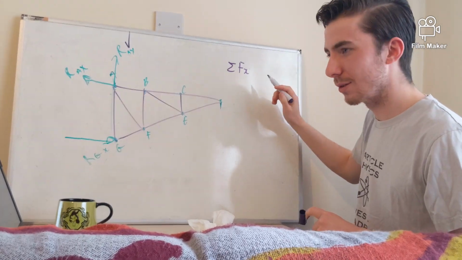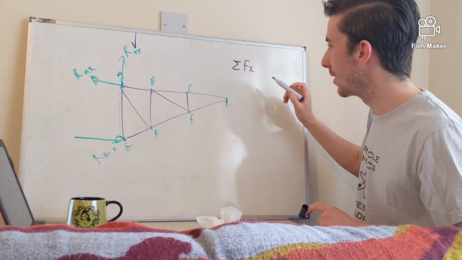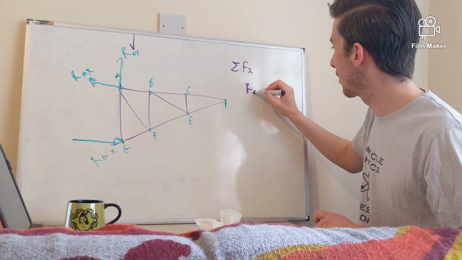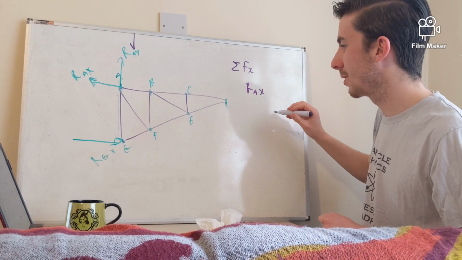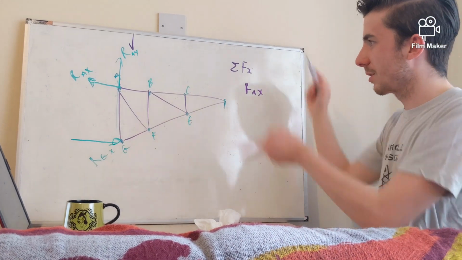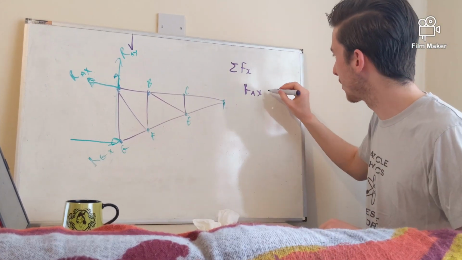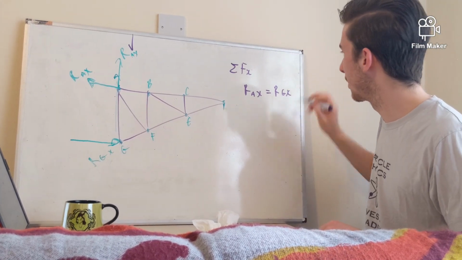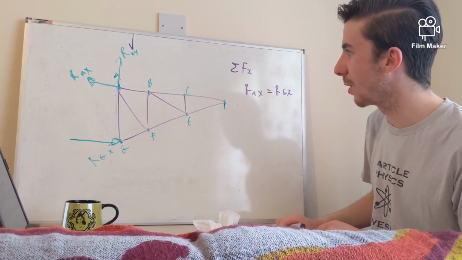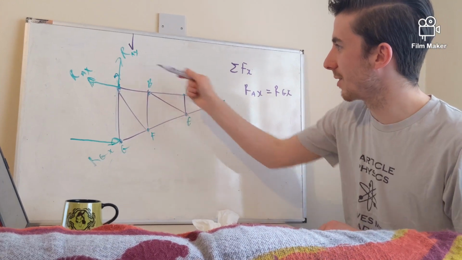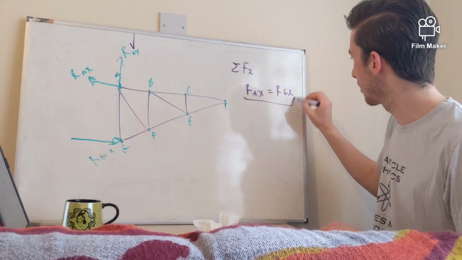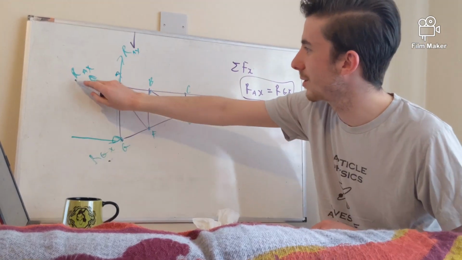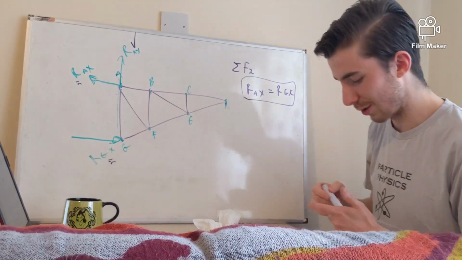We know the 2 in this direction, we've only got 2, and we've got the reaction of A in the x direction. If we take, doesn't really matter which way we take as positive, we've got that straight up equal to the reaction of G in the x direction, because the thing doesn't fall off the wall, and whatever that is must equal that. So we know that that one equals that one. We don't know the values though.